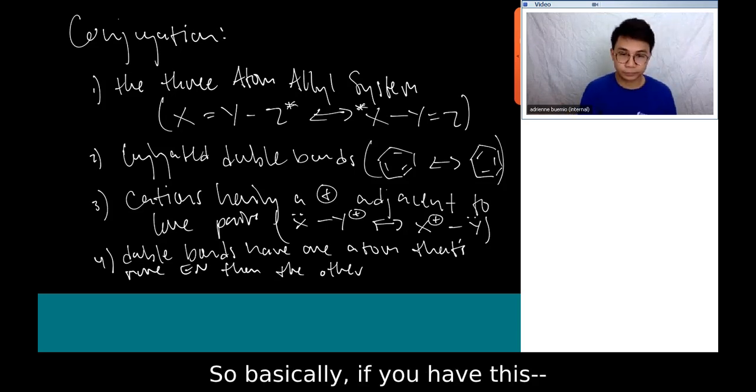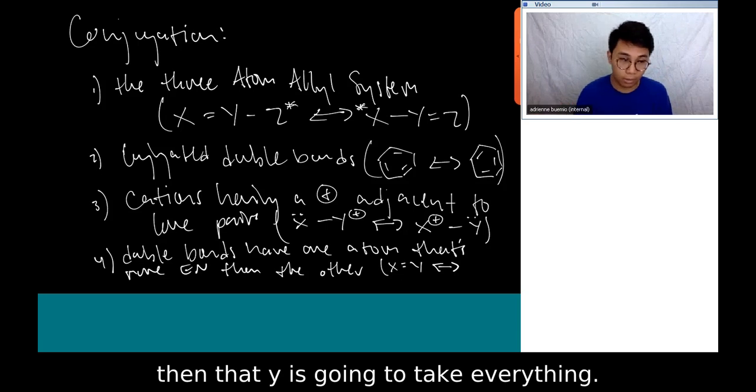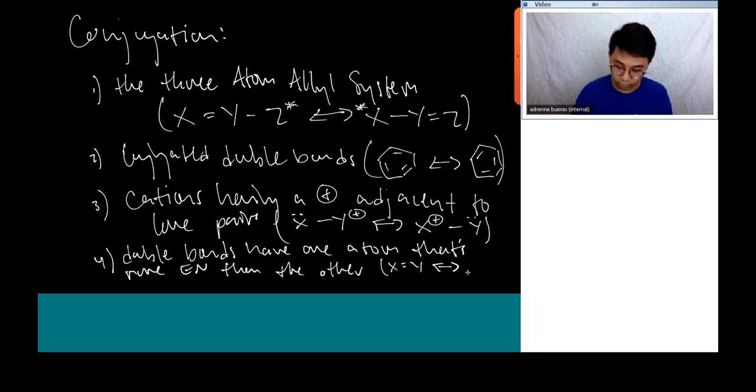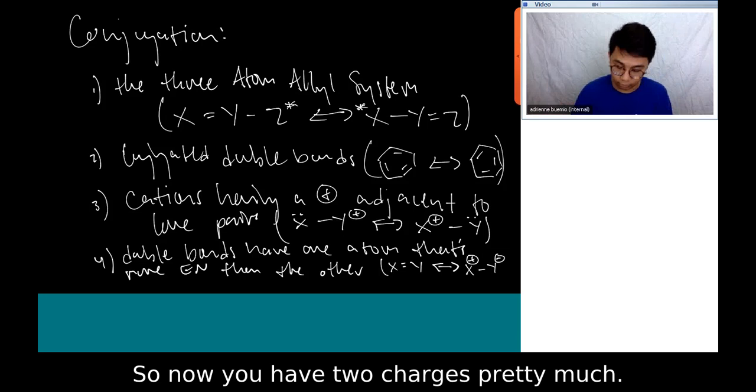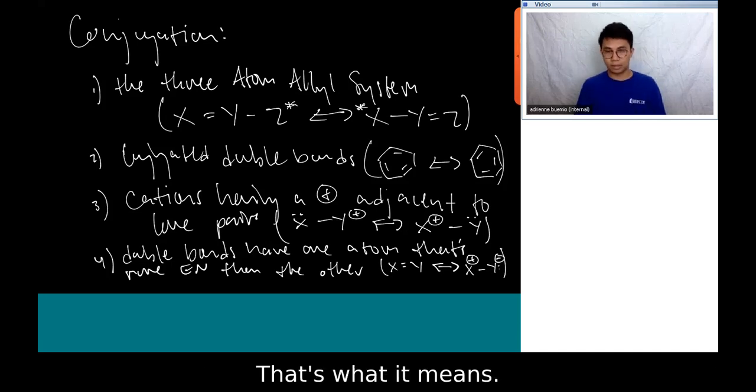So basically, if you have this, and let's say Y is the more electronegative, then that Y is going to take everything, right? So now you have two charges pretty much. So that's what that means. So your Y will have the negative charge and it's a lone pair, right? And that's what it means.